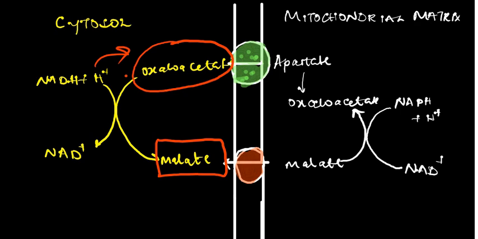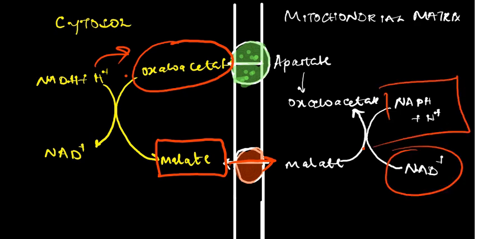Now this malate that has been formed goes into the mitochondrial matrix. As it goes into the matrix, it's reoxidized back to oxaloacetate, and in the process NAD is reduced to NADH.